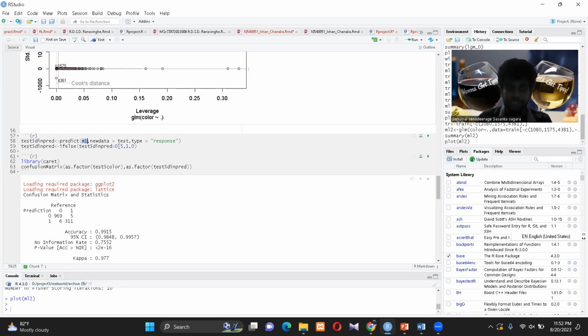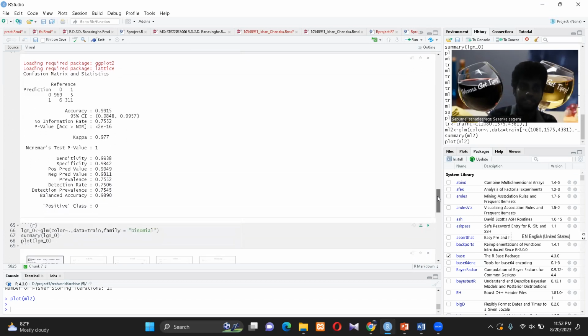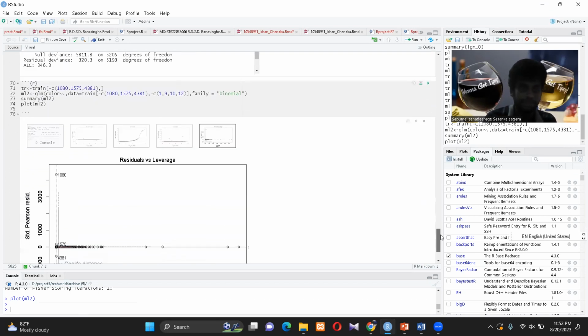The threshold value is 0.5. The ifelse function is used, then 1 comma 0, right? I have attached them into the dataset.